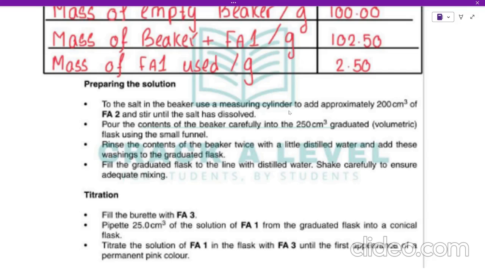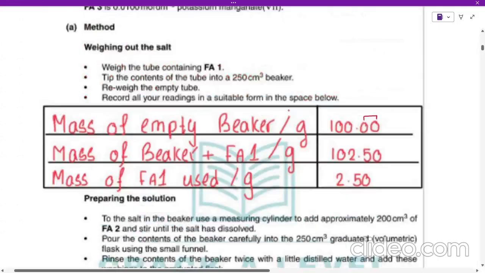Preparing the solution. To the salt in the beaker, use a measuring cylinder to add approximately 200 cm³ of Fa2 and stir until all the salt has dissolved. So what we are actually doing is dissolving the salt by adding 200 cm³ of Fa2. What was Fa2?